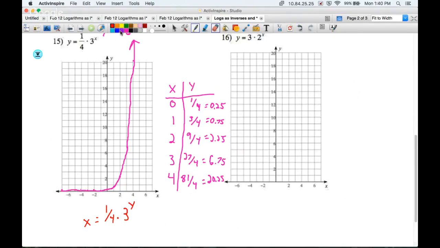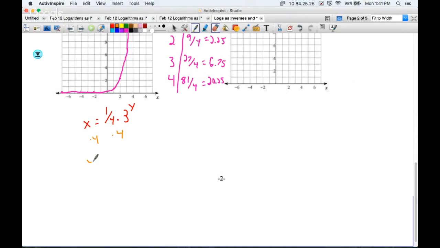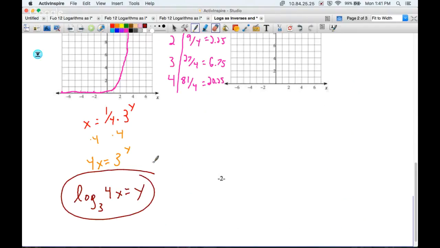All right, to get rid of that 1/4, I'm going to multiply both sides by 4. Get 4x equals 3 to the power of y. Rearrange this into a logarithm. So log base 3 of 4x equals y. There's our inverse.